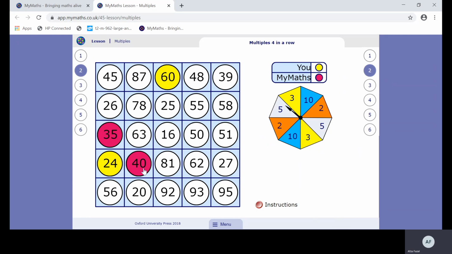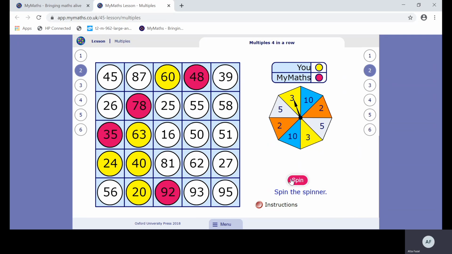A multiple of 5. 40 is a multiple of 5, so we've taken it back. So now that was a multiple of 2. So we need a multiple of 10. Let's see what we can do. Let's get a 63.